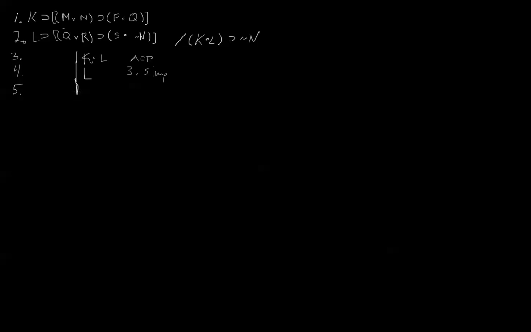So if I have L, what can I do with that? Well, I know from modus ponens we can get this. So I'm going to write on this line Q or R, therefore S and not N, from 2 and 4 modus ponens.